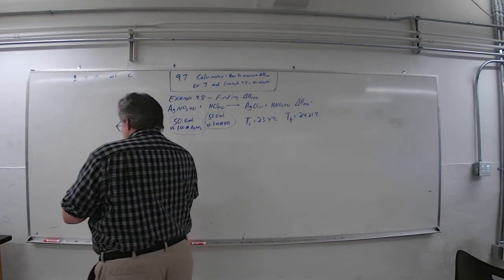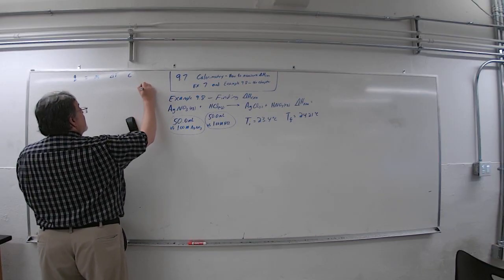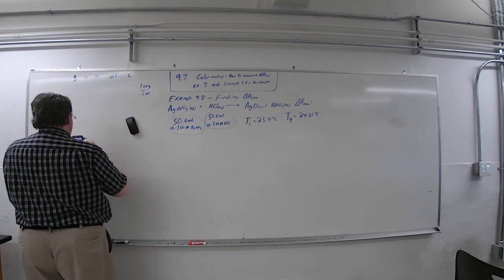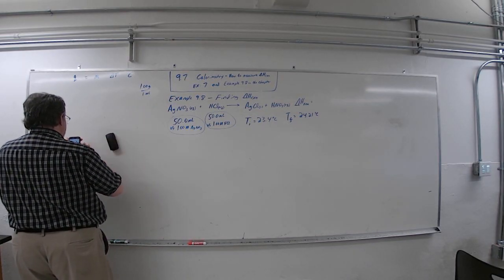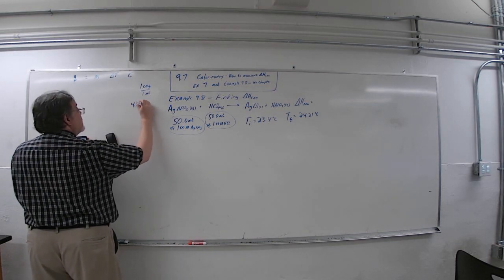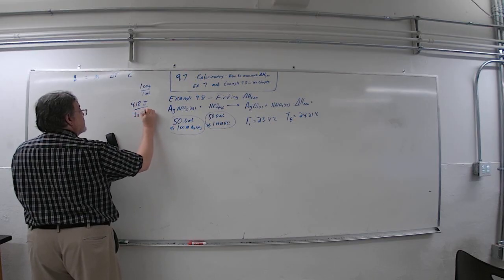Calculate the delta H for the reaction. We're using density of 1 gram per milliliter. And again, they're telling us to use C as a value for 1 gram, 1 degree C.